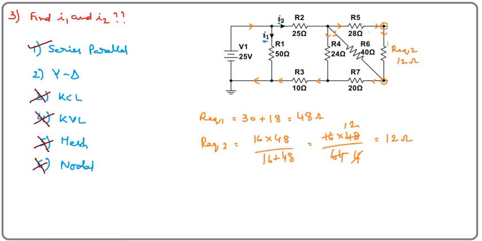Now we can see the same current is passing through R5 and R equivalent 2, so they are in series. Let me write it as R equivalent 3, which is equal to 28 plus 12, simply 40 ohm. So I can replace this part also with 40 ohm.